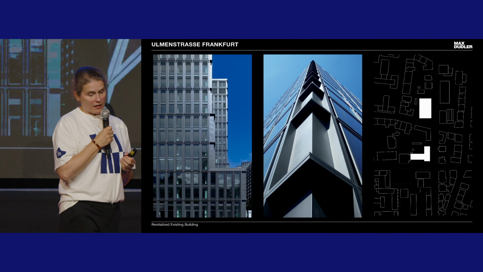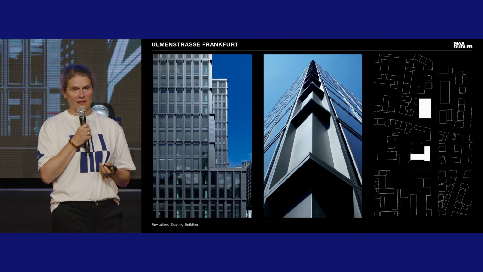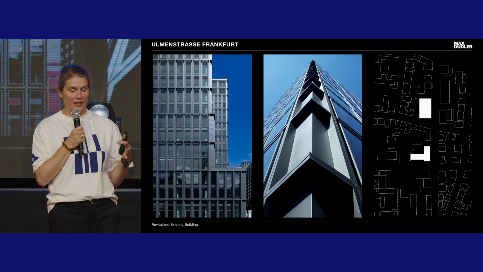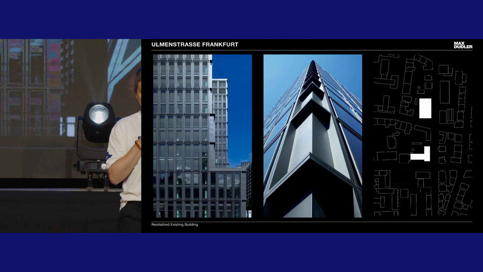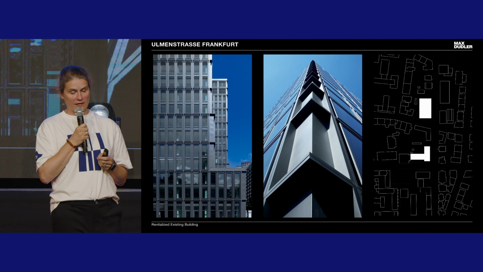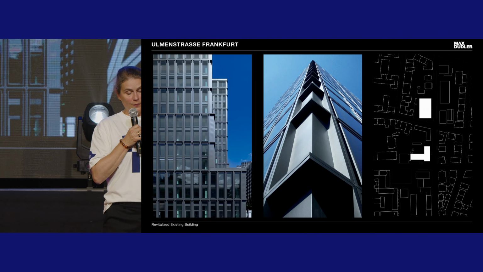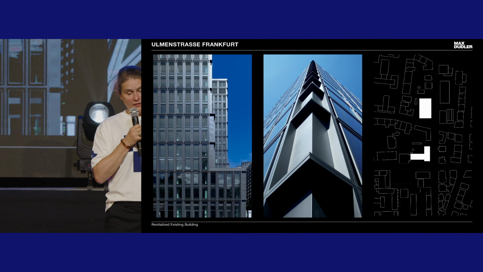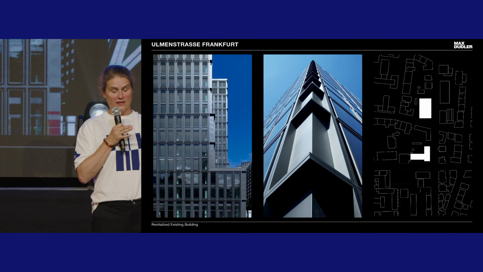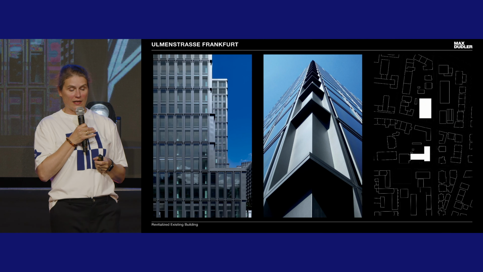With the facade, our idea is having just a couple of very good working facade details instead of having 100 random facade details. So here you see a Miesian corner, and it's very well developed, and you have the idea that the building is getting smaller with the height.